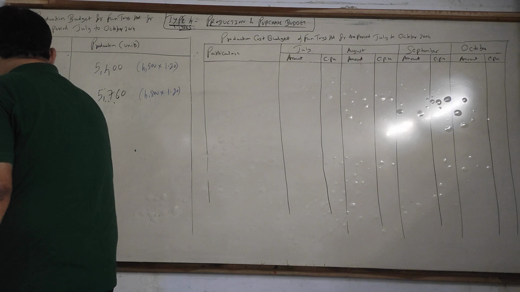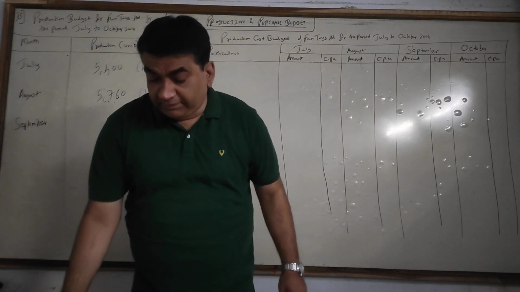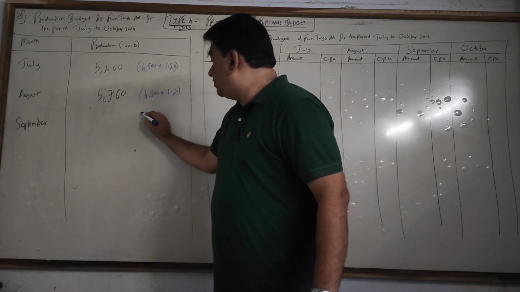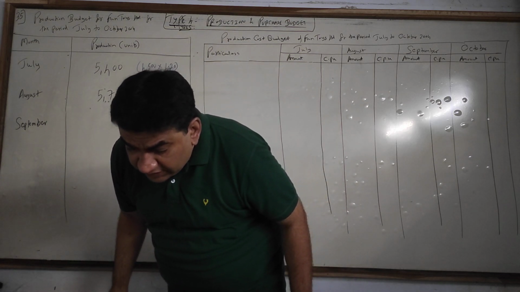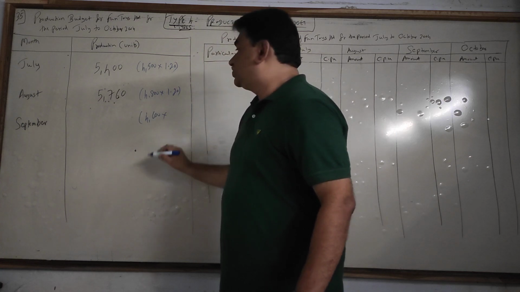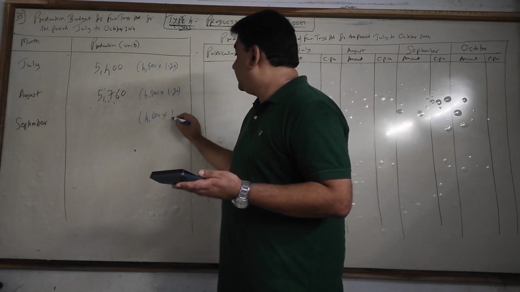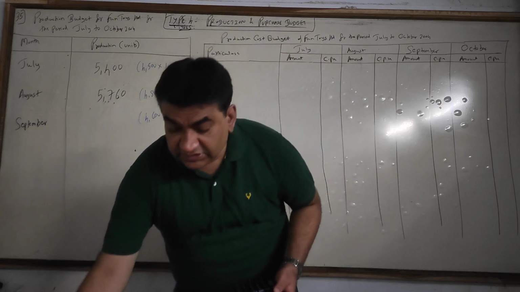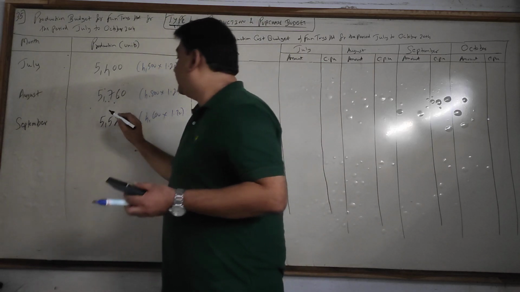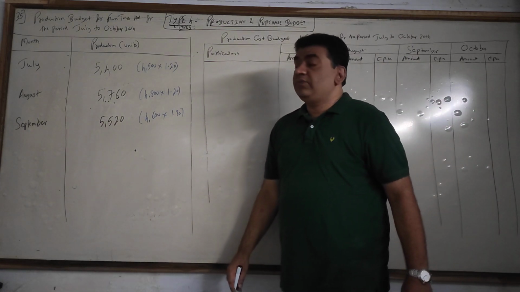After August, the next month is September. September's next month is October. Now what you intend to sell in October? You intend to sell 4,600 units. So the goods you will produce in September will be 1.2 times October's target, that is 5,520. Getting it? Next month's sale times 1.2.